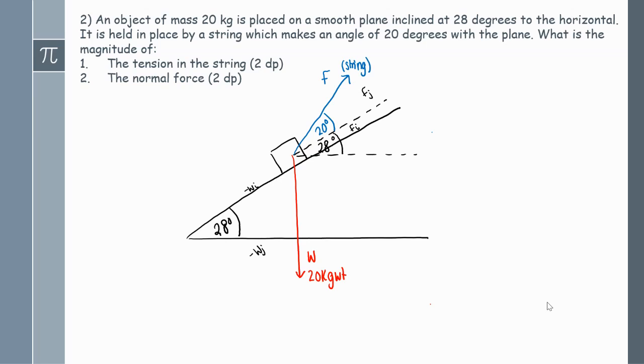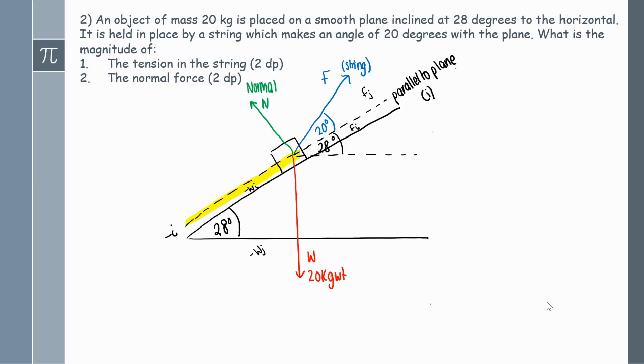This force is a string and it is holding the object in place. So this object is in equilibrium. We also know that we will have a normal force that is perpendicular to our plane. And that's important too. So notice that one of my dotted lines is the line that's parallel to the plane. This is kind of like my I direction. It goes both in the positive and negative direction.